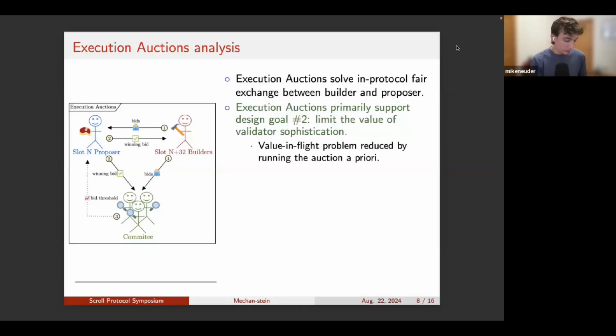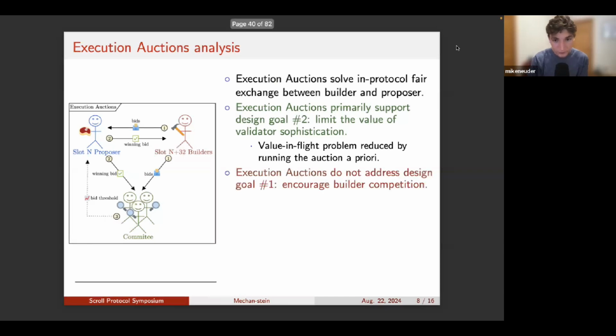The fundamental thing is the slot n plus 32 value doesn't change dramatically over slot n, because there's not much alpha that changes over the course of that slot. Of course, there might be some leak of value later into time, but generally speaking, the object bid values should be pretty static throughout the course of the auction.